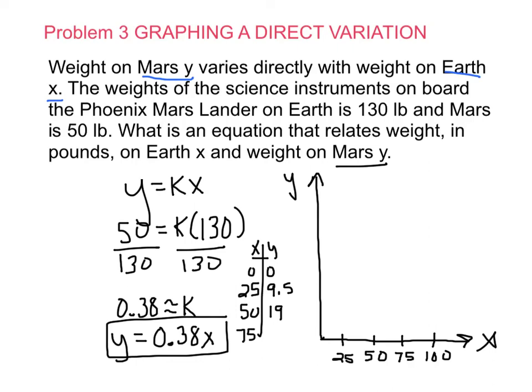And 75 will give me 28.5. So I have to graph from 0 to 28.5. I'm going to count by, let's say, tens: 10, 20, 30. So I graph 0, 0; 25, 9.5; 50, 19; 75, 28.5. This is going to be linear.